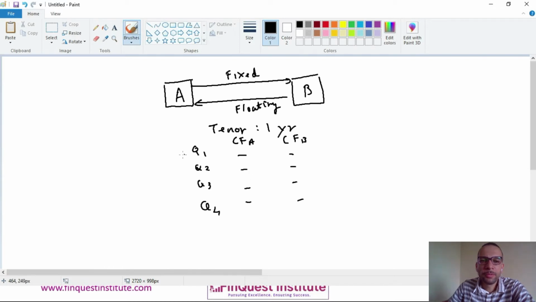And moreover, these will be present values of the cash flows, because there are certain cash flows which will be received at certain times in the future. So in order to calculate the price or the mark to market of the swap, you will have to bring it back to present. So when I say cash flows, it is actually the present value of my cash flows.